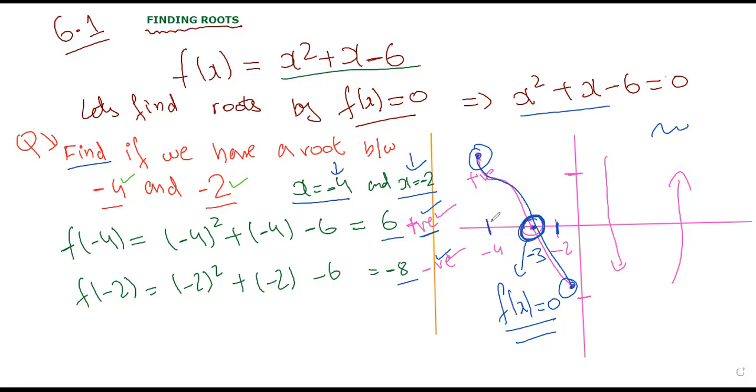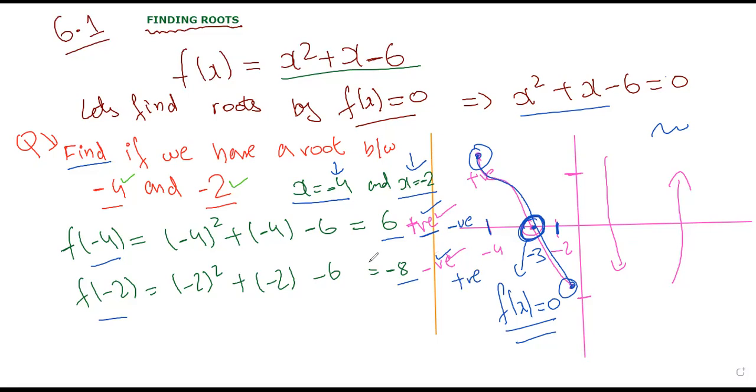So now, this is the concept. For exam, I'm not telling you to do rote memorization, not at all. I've explained the concept, but for exam, the only thing you have to do is plug in this -4 in f, this -2 in f, and see if it is positive and negative or negative and positive. It could be that this value was negative and this value was positive. It means the same thing.